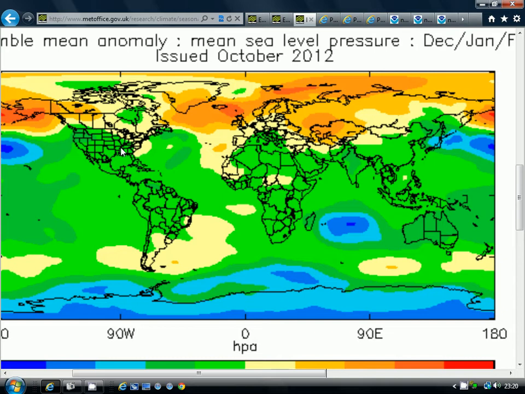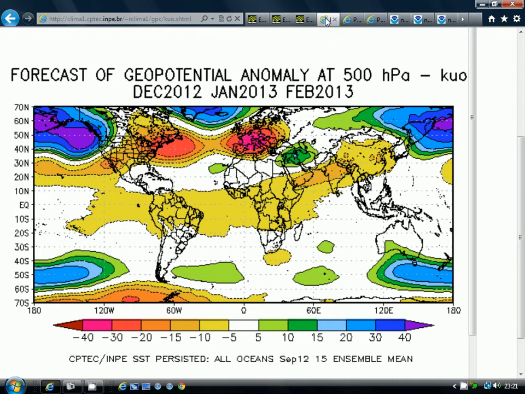I'm not sure that the whole nation could have below average pressure as this is being forecast. But again, remember, this is an anomaly for the 3 monthly period, so it doesn't mean that every day throughout those 3 months will have below average pressure. Of course that can't happen, so maybe this does make sense if you view it as an anomaly.